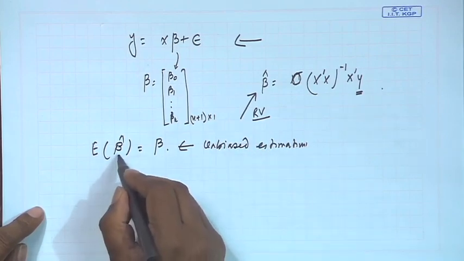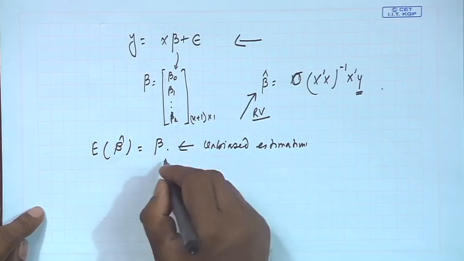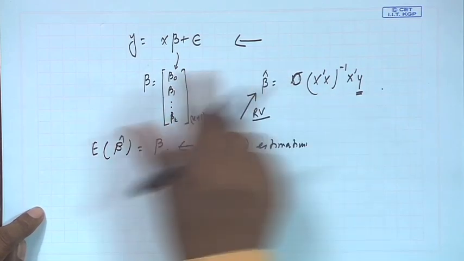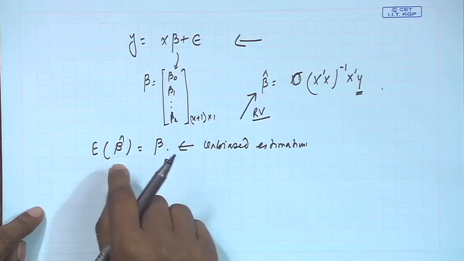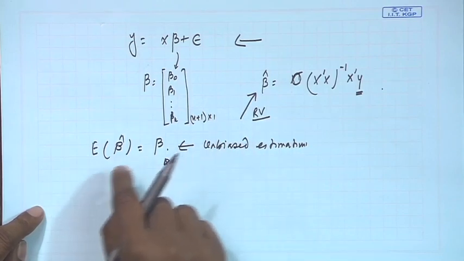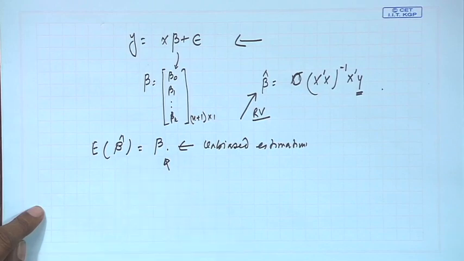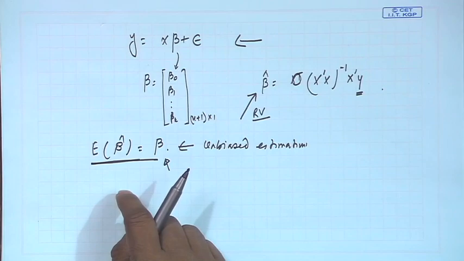Beta is the regression coefficient vector from the population point of view, and beta cap is the estimate of this vector from the sample data. So, it can be proved also that expected value of beta cap is beta.